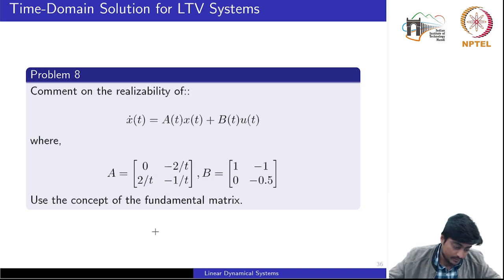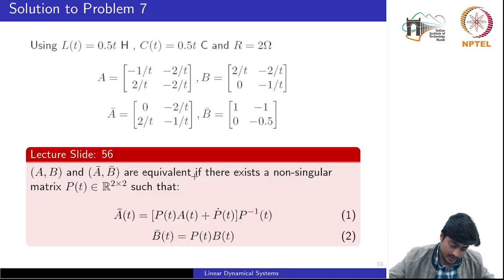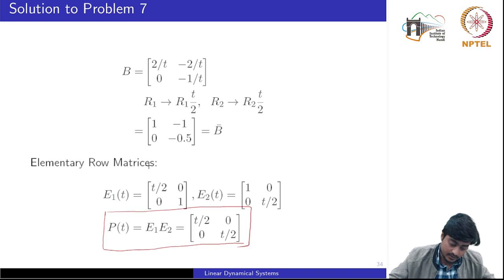Going to the time domain solution for that LTV system. Here we are taking the AB matrices as this one. These AB matrices are possibly the matrices which we have written for the second part, considering this phi and this charge as the state variables.